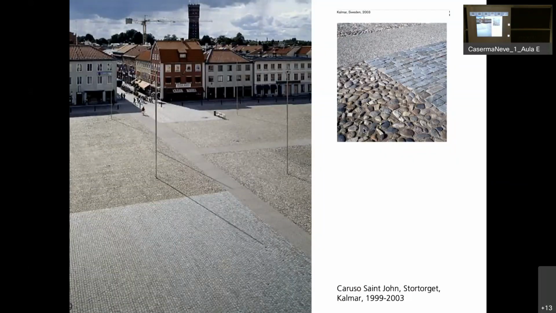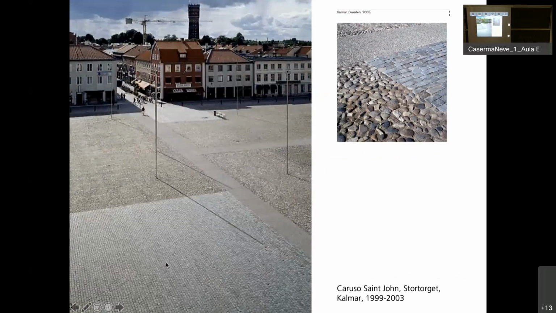And in a different way, more geometrical but similar, Caruso St John created the Stortorget Square in Kalmar, Sweden, always the beginning of the 2000s, in which you see this association of different gravel, bigger stones or square stones cut in a different way and arranged in a different way, in order to create different textures and sensations of the square.